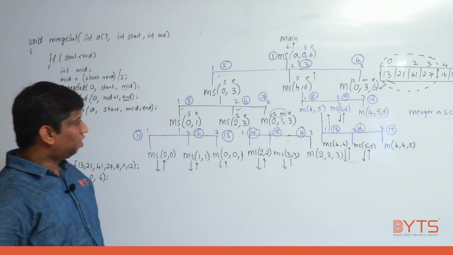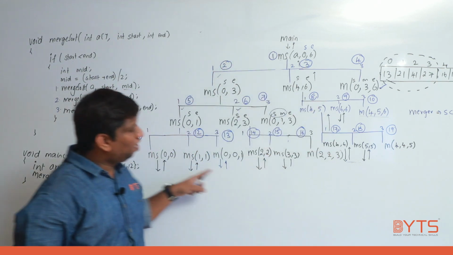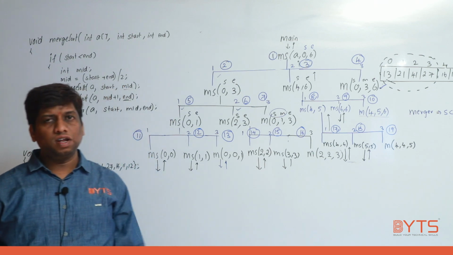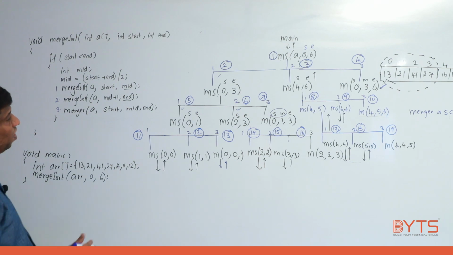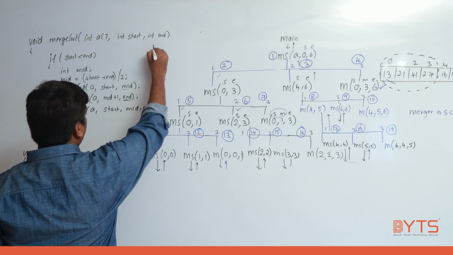So understand. Do you really think 19 activation records are stored on the stack, or 19 activation records are not stored on the stack? You need to know it, right? First, main is there. Main will call which function? Understand? This is my stack.